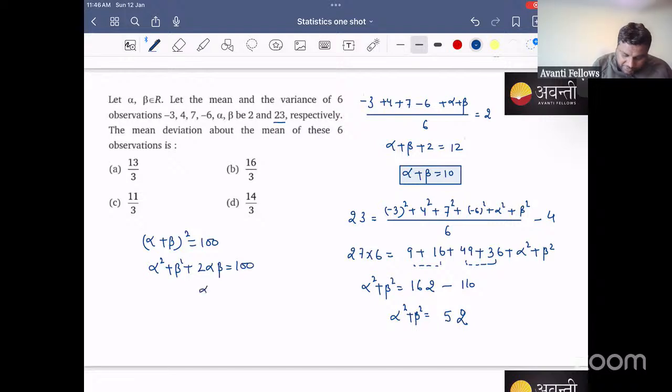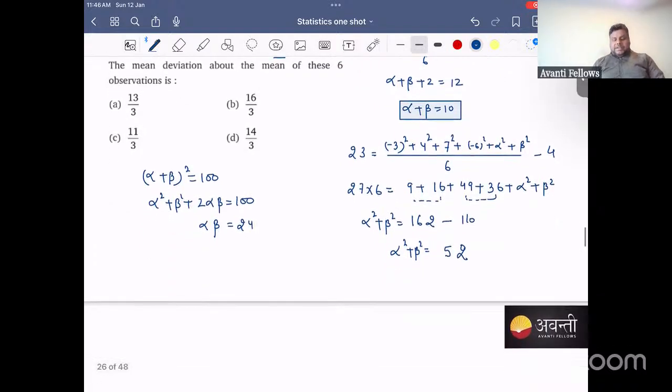So from there you got alpha beta as 48, 24. So alpha beta is 24 and alpha plus beta is 10. So alpha and beta will be 6 and 4. 36 and 16, 52. Yes, correct. So these are your alpha and beta.